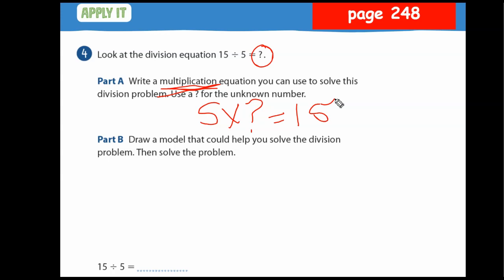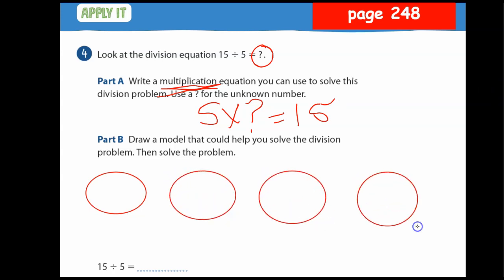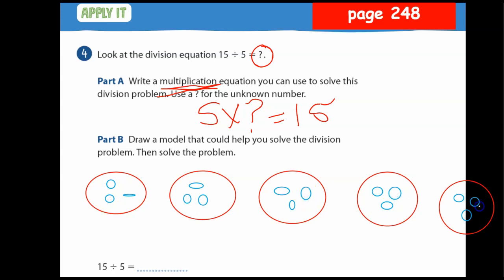Then it says draw a model that could help you solve the division problem. Then solve the problem. Okay, well, I know I'm going to have 5 groups, so I'm going to do this. 1, 2, 3, 4, 5. Then I'm going to put 1 in each one and keep going until I get 15. 1, 2, 3, 4, 5, 6, 7, 8, 9, 10, 11, 12, 13, 14, 15.